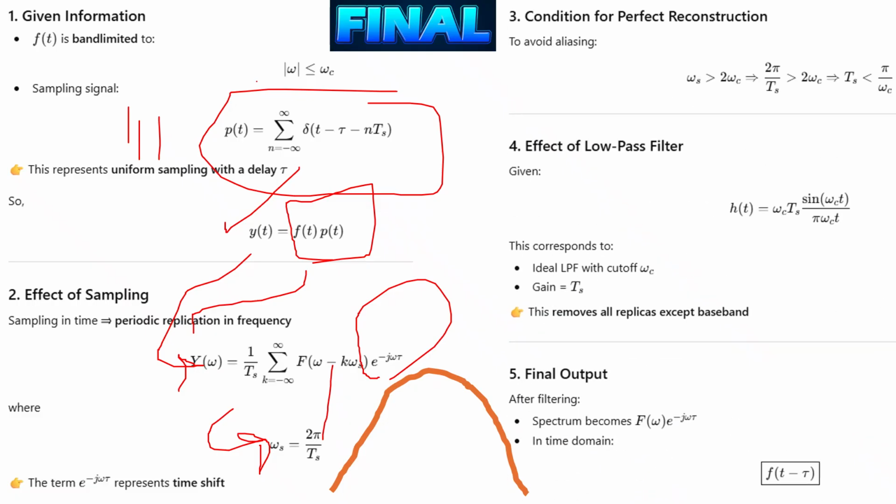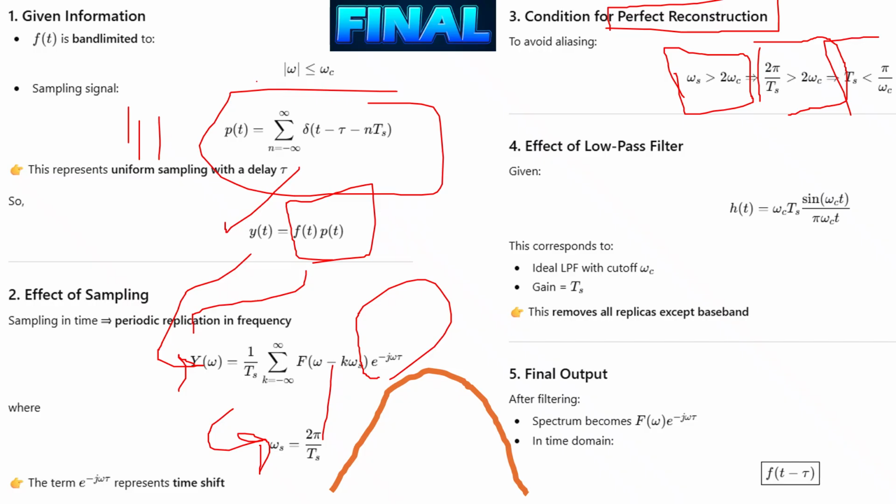Further, in order to reconstruct your message properly, this is the sampling theorem: omega s must be greater than twice omega c. So omega s, meaning twice pi by Ts, must be greater than twice omega c. So Ts must be less than pi by omega c.